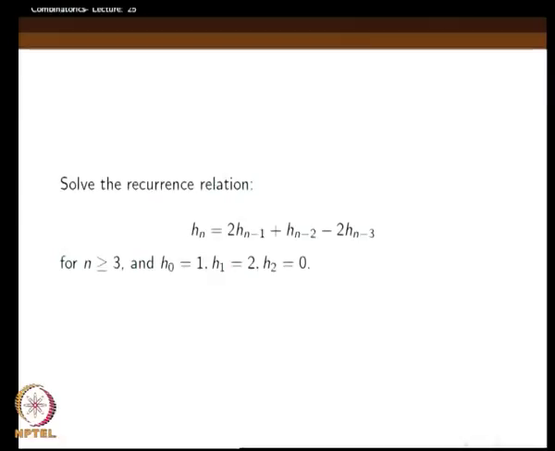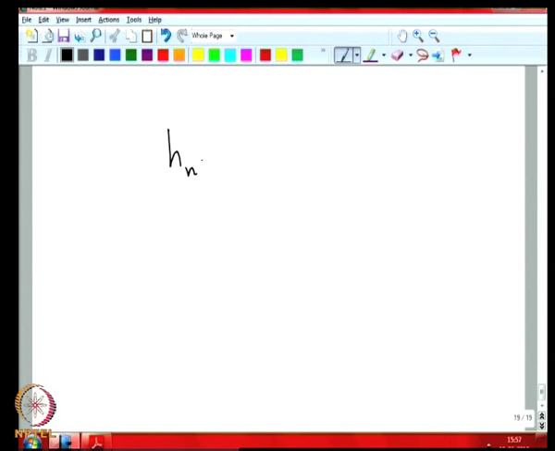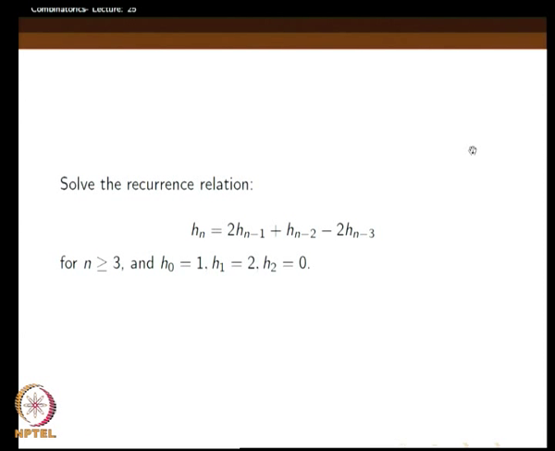Let us look at Hn equal to 2 Hn minus 1 plus Hn minus 2 minus 2 into Hn minus 3, with H0 equal to 1, H1 equal to 2, H2 equal to 2.